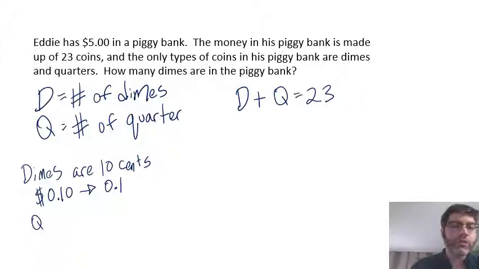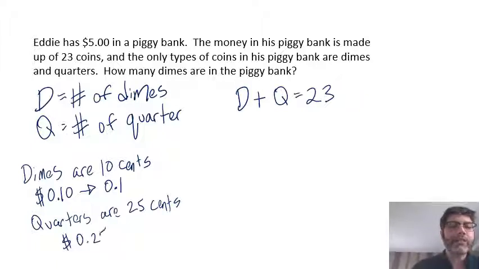Quarters, we know, are worth 25 cents, and the way that we write that in math problems is $0.25, or just 0.25 for short.